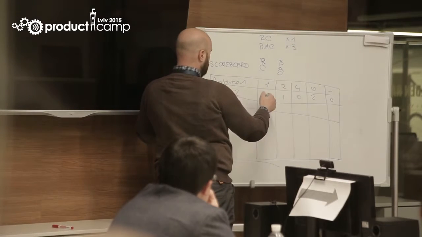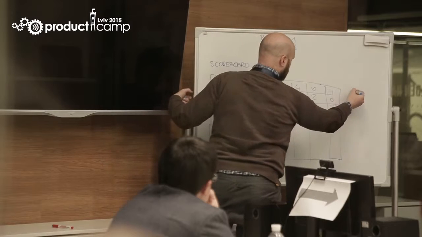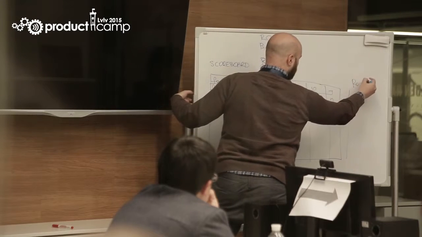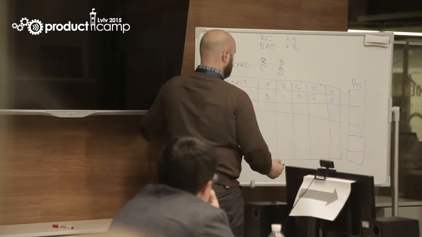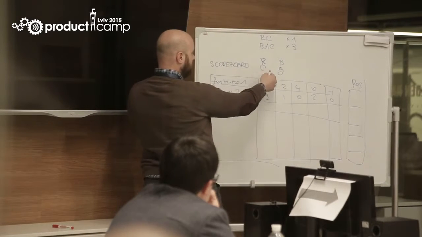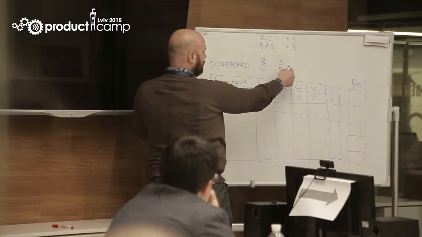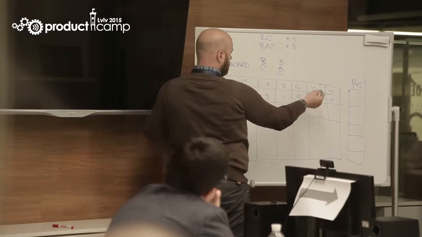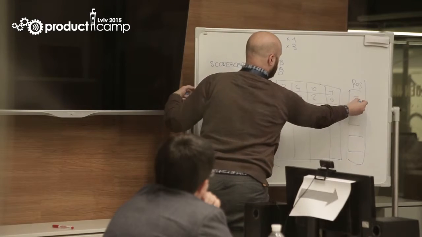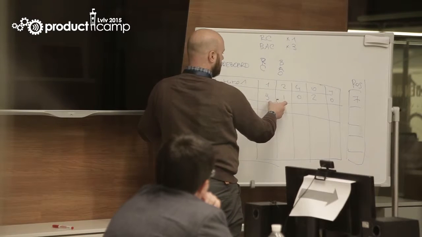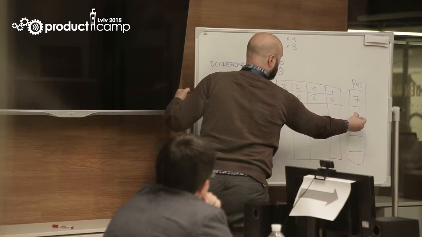And then you just calculate them as a result. Yes. So here, RC is 1 by 1, back is 2 by 3, and so on. So this is 7, this is 6.